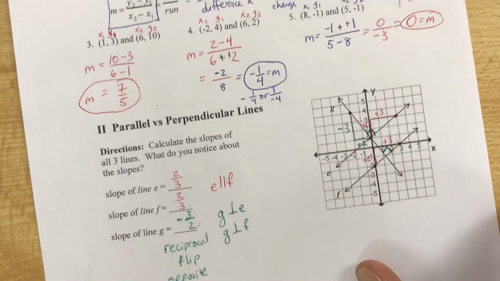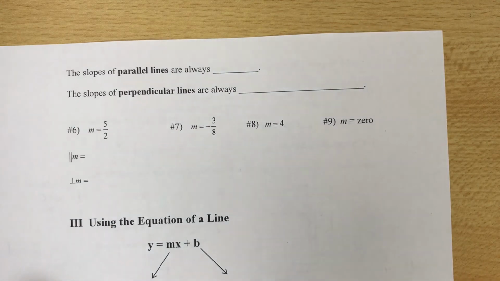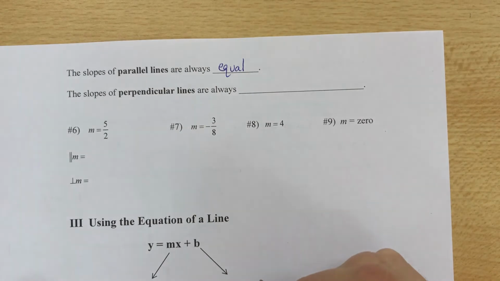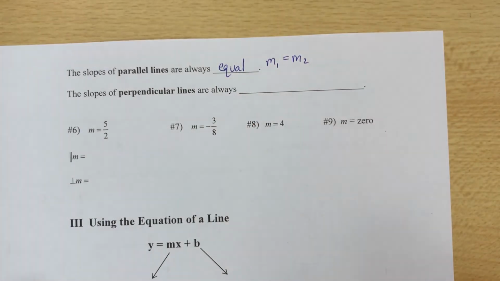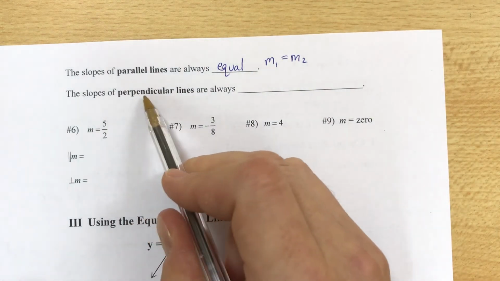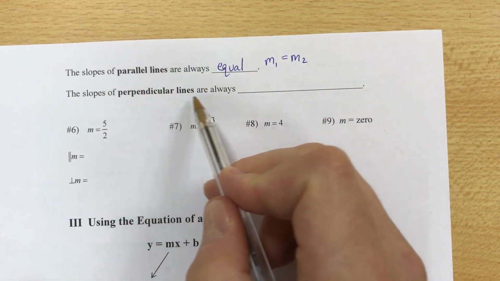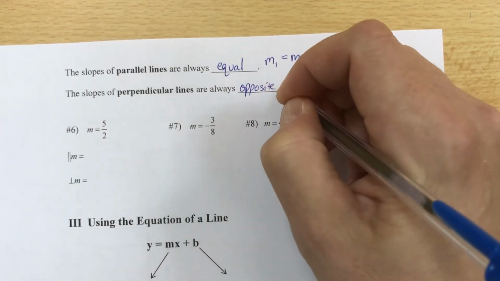So let's flip it on the back here and summarize this. The slopes of parallel lines are always equal. The first slope equals the second slope for parallel. But the slopes of perpendicular lines, which form 90-degree angles, right angles, are always opposite reciprocals.